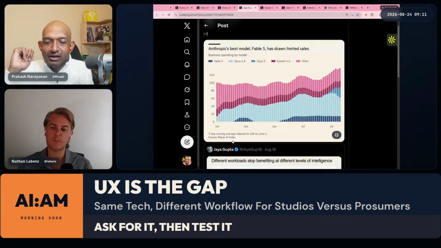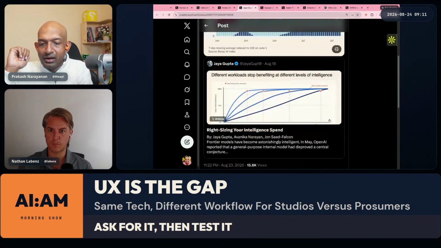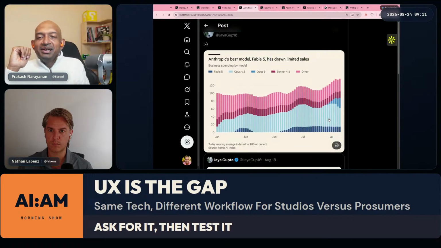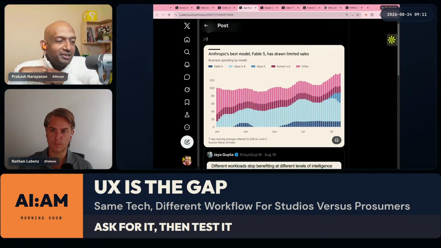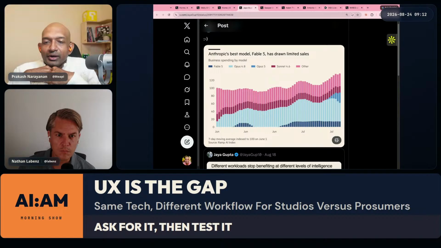This is a 7-day moving average, and they're using Ramp's AI index. You can see Opus 5 crept in there, but Fable has really just stayed stable. And so this has been one of the reasons why the market this morning is dropping for all AI stocks. That and many other reasons in the market, but essentially, this is one of the things that has scared the market a little bit: whether the newer models are actually lucrative and are drawing.